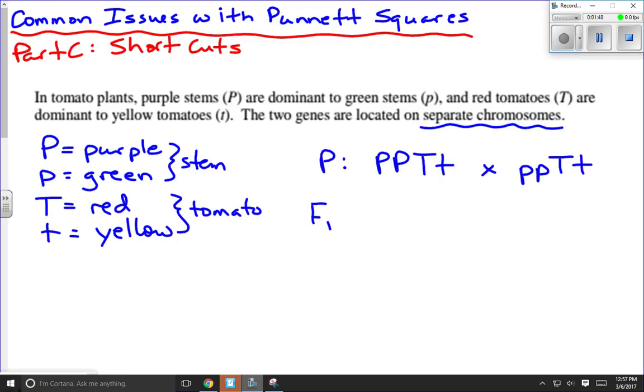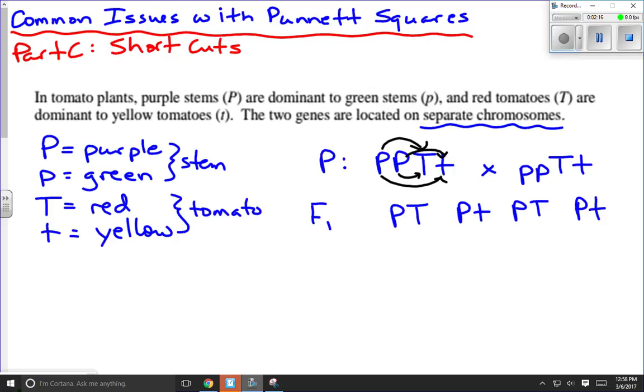Now, if we want to do this cross and find out the F1 generation, we would set up our Punnett square by doing FOIL. First, outside, inside, last. We covered that in a previous video. First P with first T, outside P with outside T, inside P with inside T, and last P with last T. And if we were to do that, we would end up with a big P with a big T, a big P with a little t, a big P with a big T, and a big P with a little t.